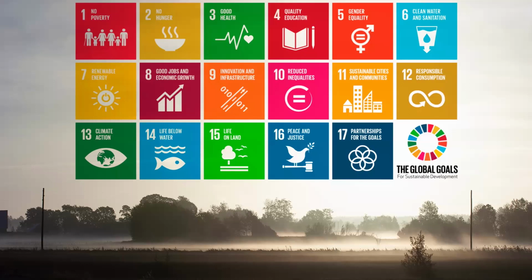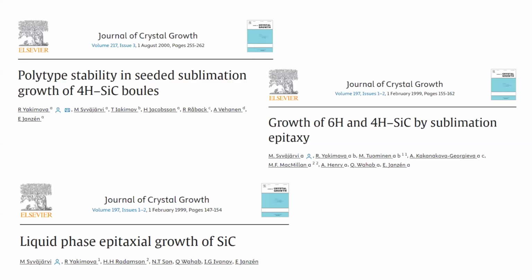We can take number 9, which is about innovation, industry, and infrastructure. So that's nice, I'm an innovative guy. We have innovative research, and we say that we will contribute to this sustainable goal. But then someone will ask, how will you do it? And this is the balance which we have to explain.